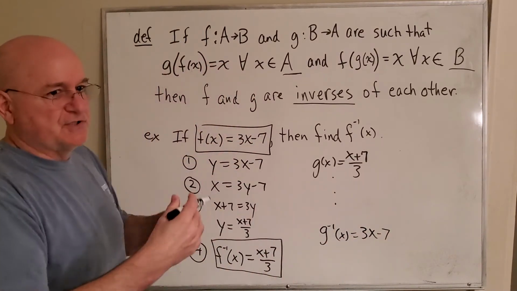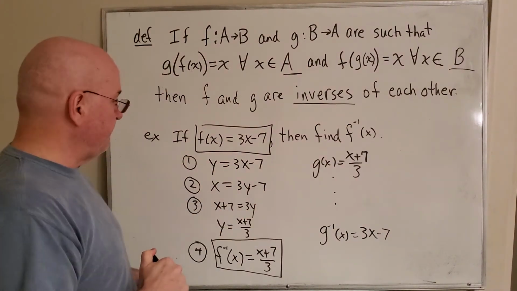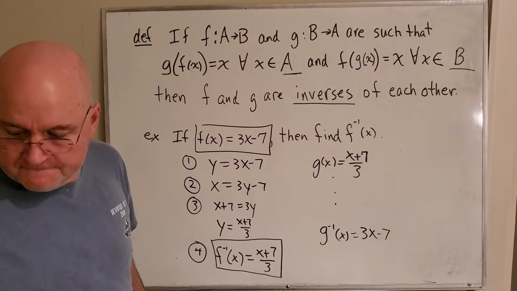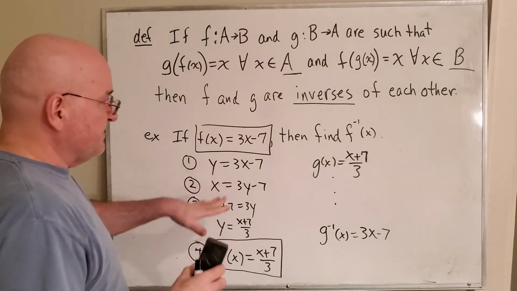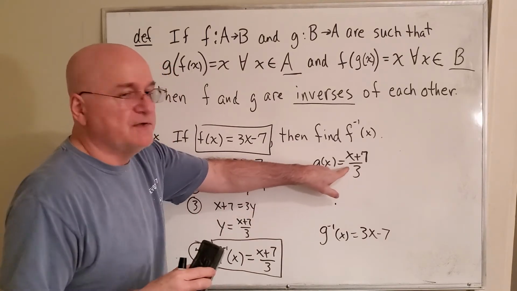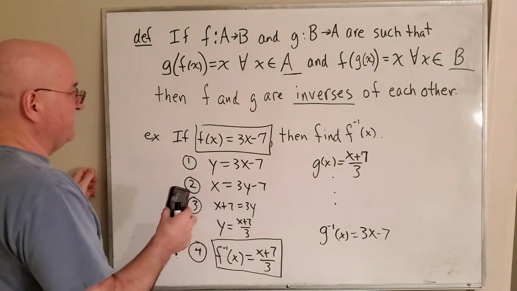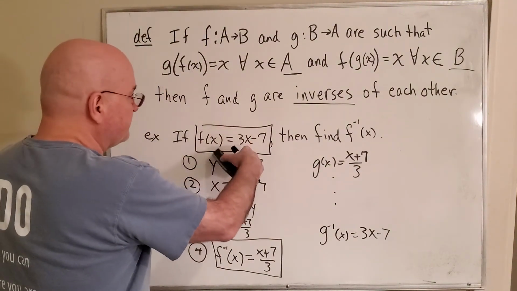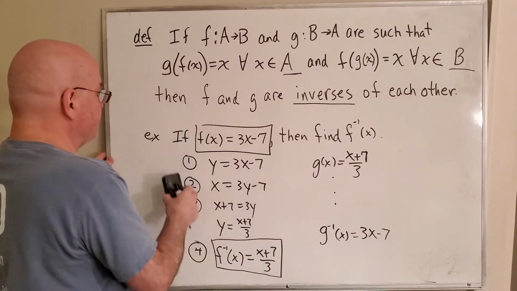So if they're inverse functions, if you start with one and do the recipe, you're going to get back to the other one. And I'll just make the same comment. The domain and range of this one are also all real numbers. Obviously, this one takes reals into reals. This one goes backwards, and it takes the reals into the reals as well.